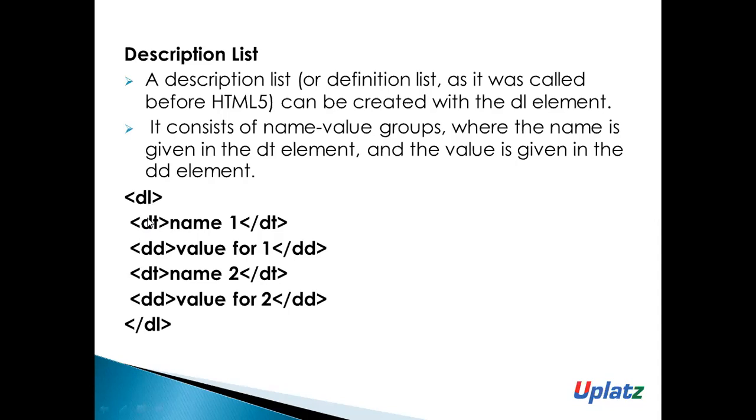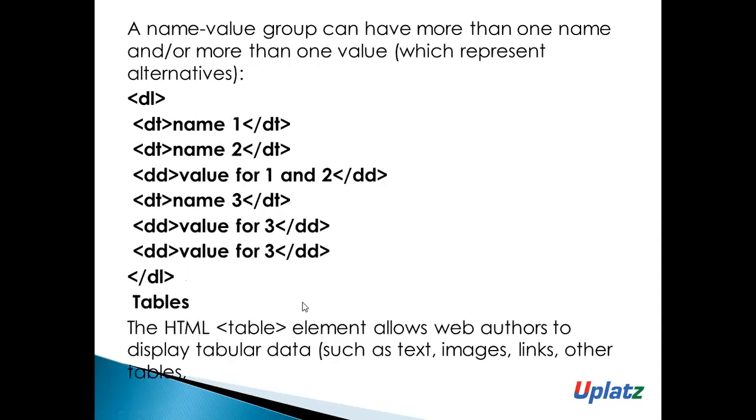So DL tag opening and closing, DT for the name and the value is given as DD. So name 1, and here is the value for name 1, and name 2, here is the value for name 2. So DT and DD, everything should have opening and closing tags.